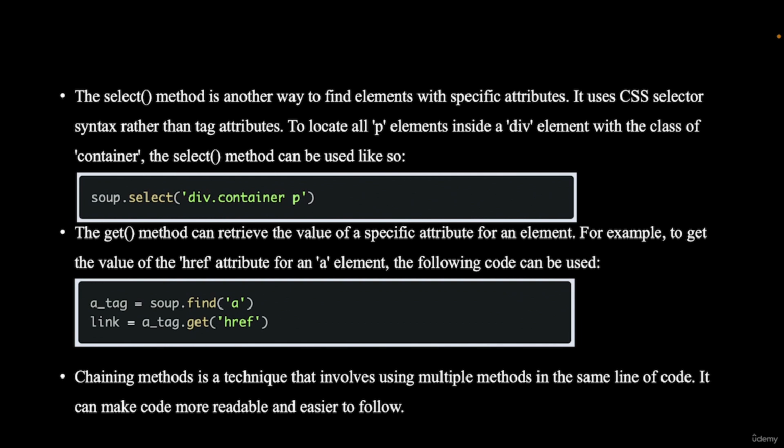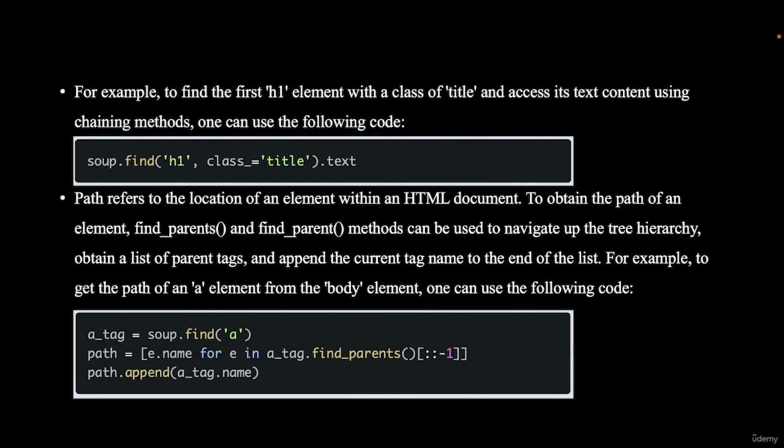The chain method is a technique that involves using multiple methods in the same line of code. For this next one, we want to find the first h1 element with a class of title and access its text content using chaining methods.